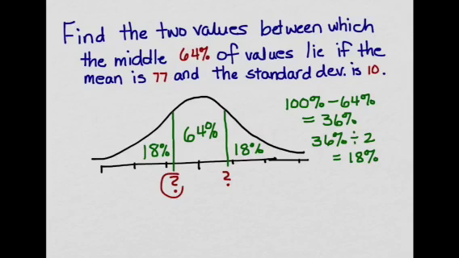So to find the left-hand boundary, I say what percentage of values fall below that boundary point? 18%. That's pretty easy to read right off the graph. So because we know a percentage, we know an area, and we want to find a boundary value, we're going to use the inverse norm function in the calculator.